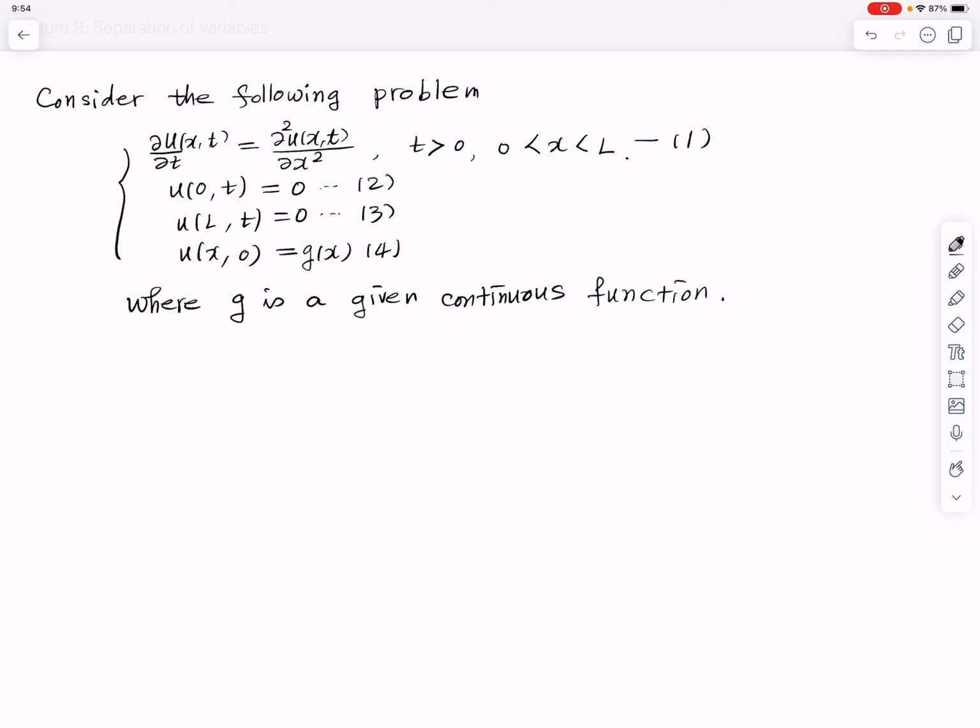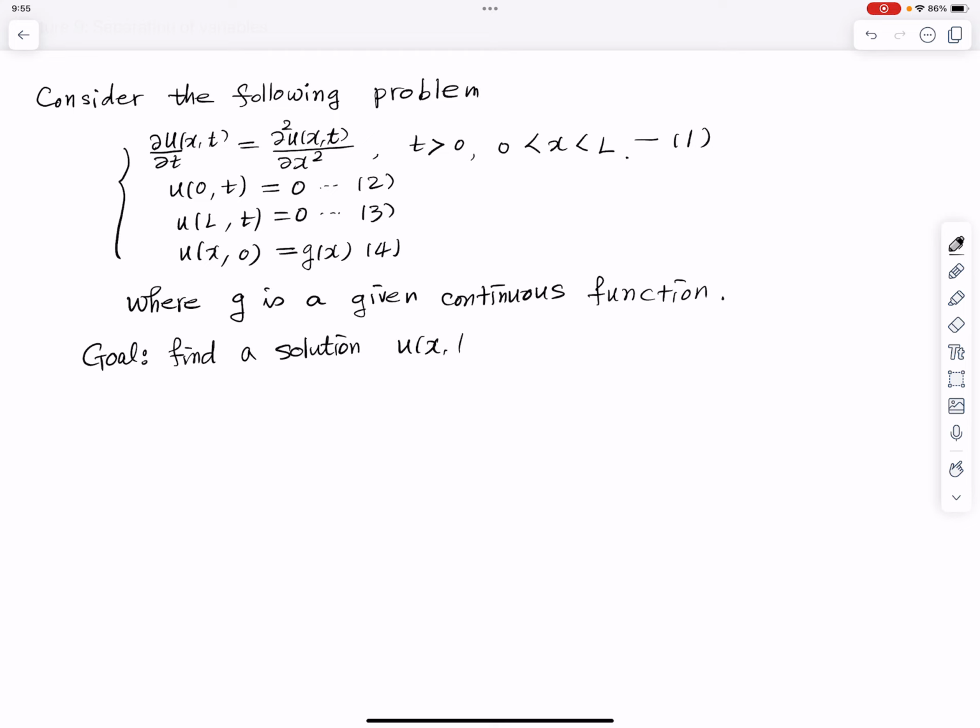So try to find the solution. Our goal is to find u(x,t), which is the solution of equations 1, 2, 3, and 4.